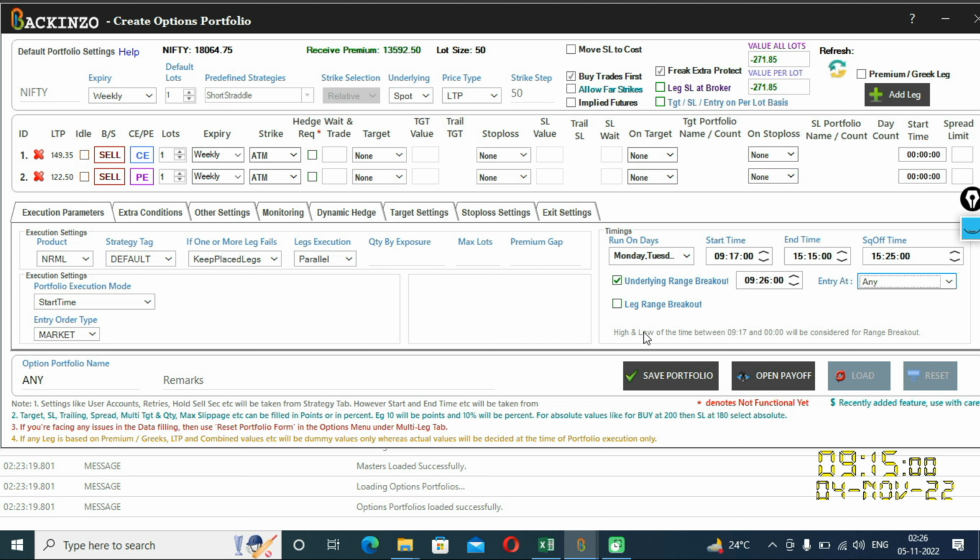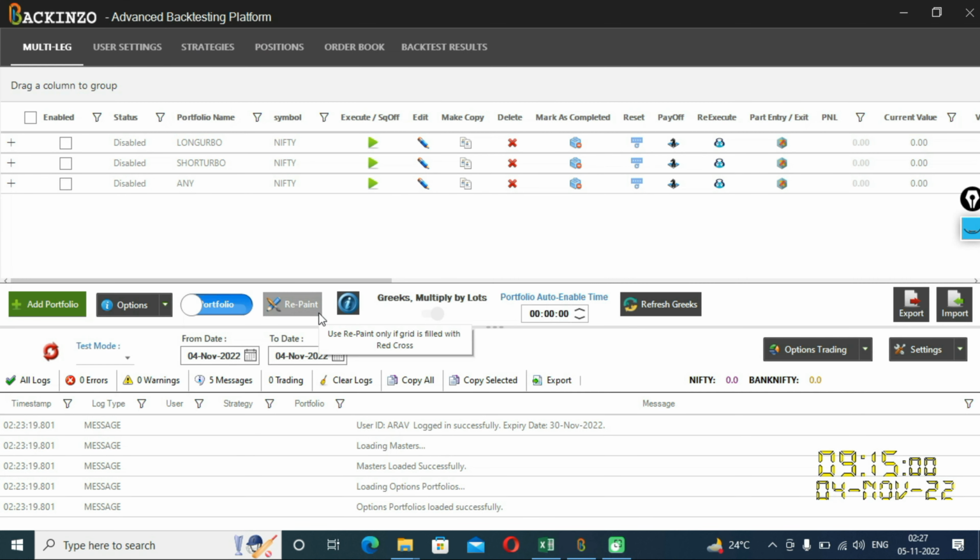But to keep it simple, I am choosing underlying range breakout with entry condition as any as my third case. Okay, now I'm gonna save this portfolio and my portfolio is saved.